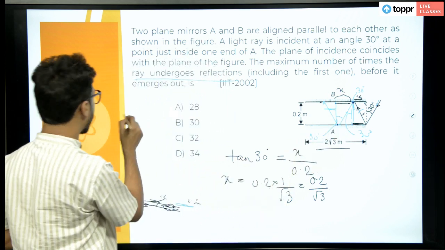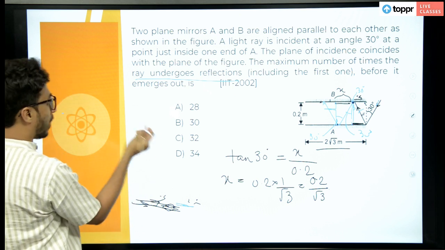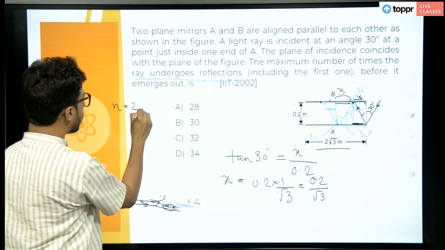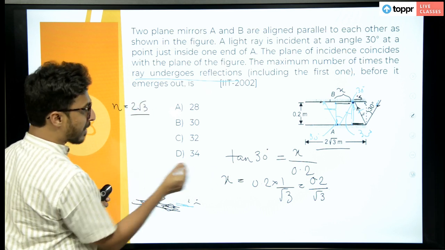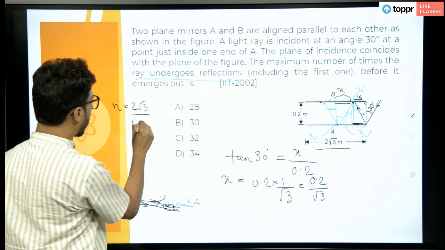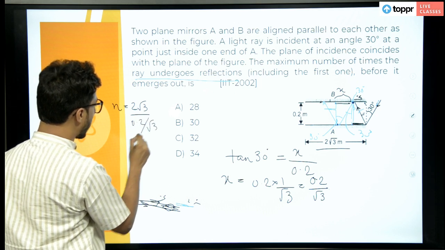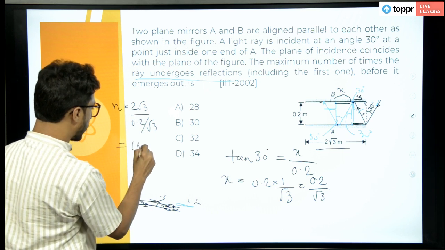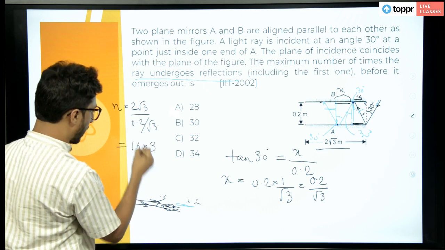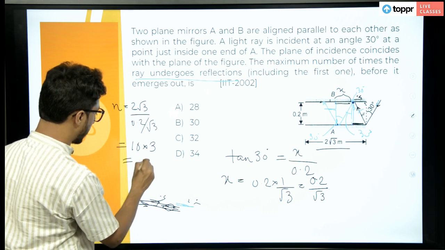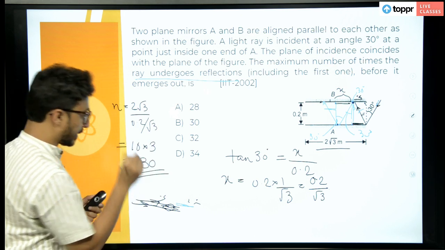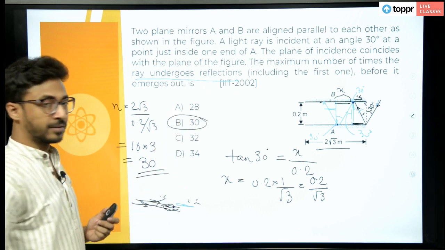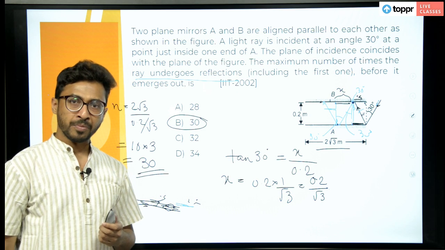So the number of reflections N will be equal to 2 root 3 divided by x, which is 0.2 divided by root 3, which becomes 2 root 3 into root 3 by 0.2, which is 6 by 0.2, that is 30. So the number of reflections will be 30, and this is the answer. Okay?